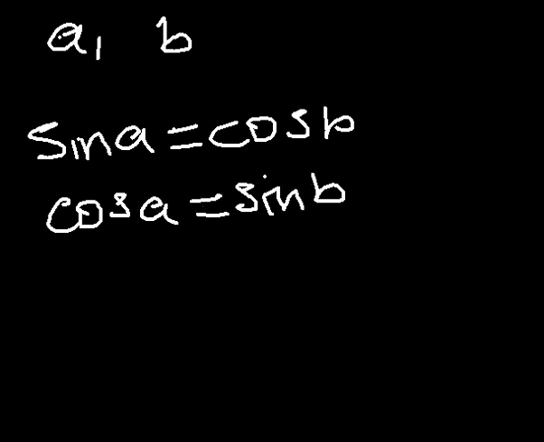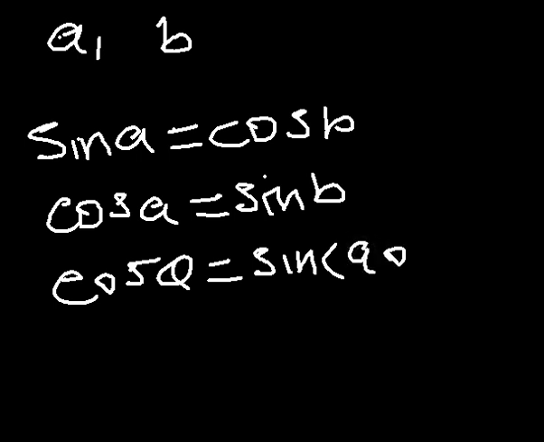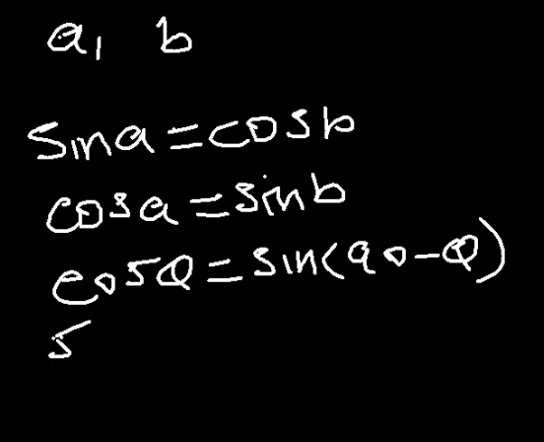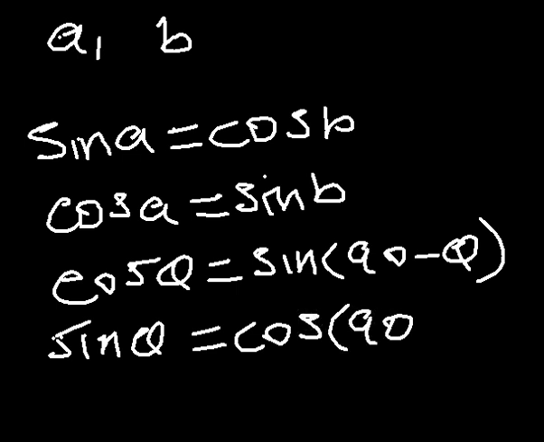You should keep that in mind. And also in the same case, the cos of angle theta is the same as the sine of 90 minus angle theta. In other words, these angles are complementary angles. And the sine of angle theta is the same as the cos of 90 degrees minus angle theta.